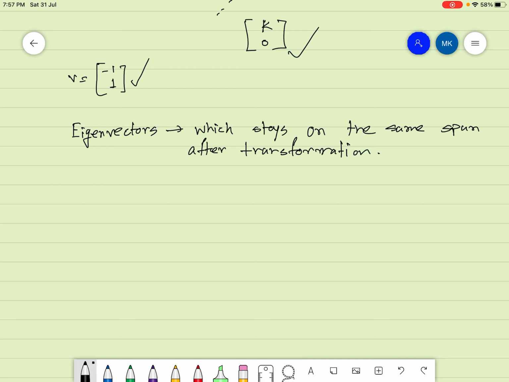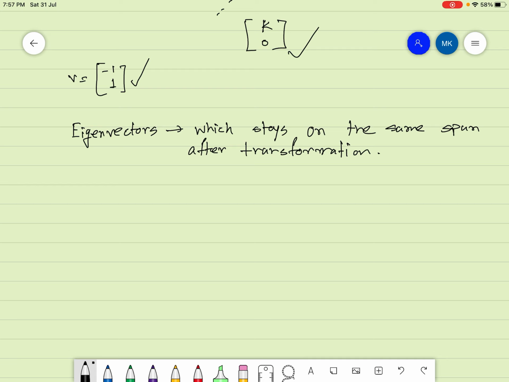So if they stay on the same span, what happens? There is either stretching or squeezing, right? So either the vector gets stretched or gets squished. The factor by which the eigenvectors get squished or stretched is called the eigenvalue.